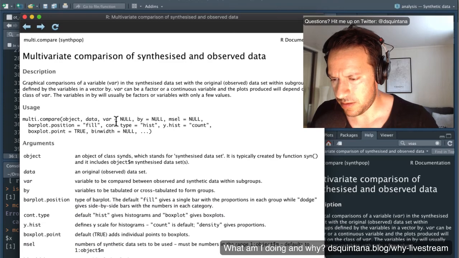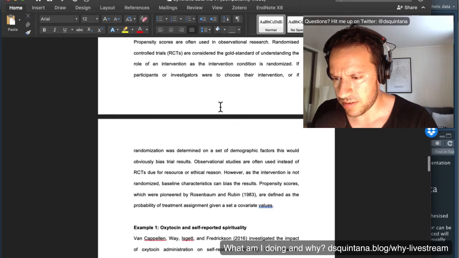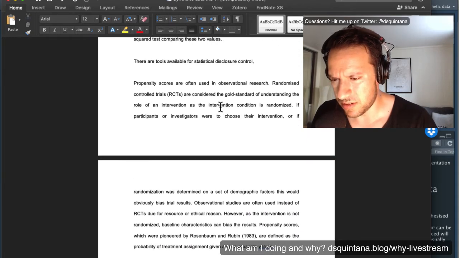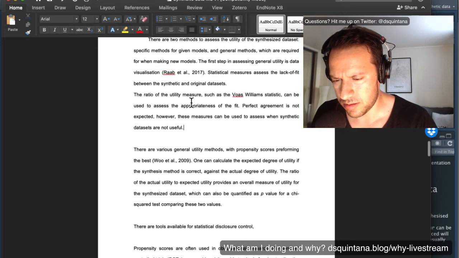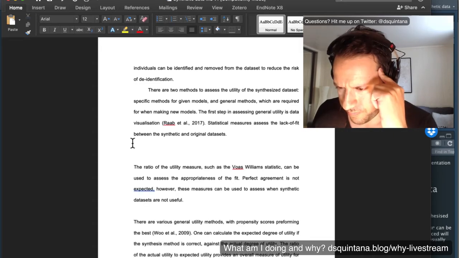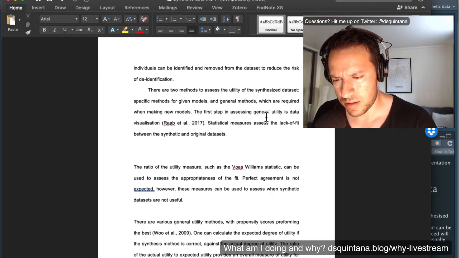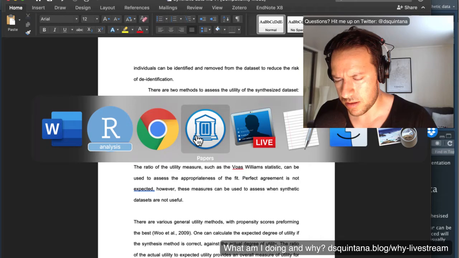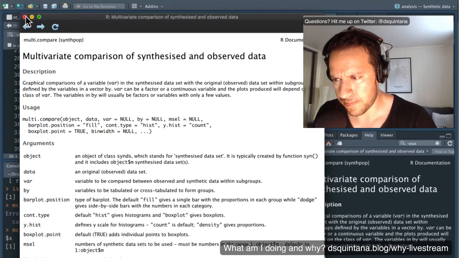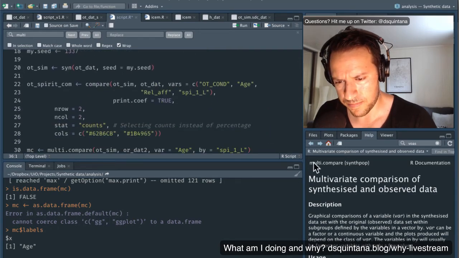Well, for now, what we can do is we can start writing this up. I don't know if I'm going to use propensity scores. Required when making... compare.